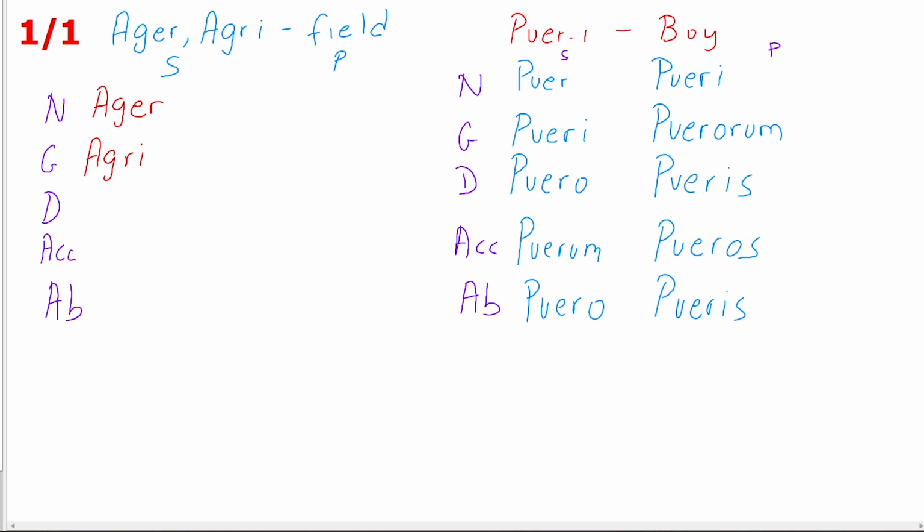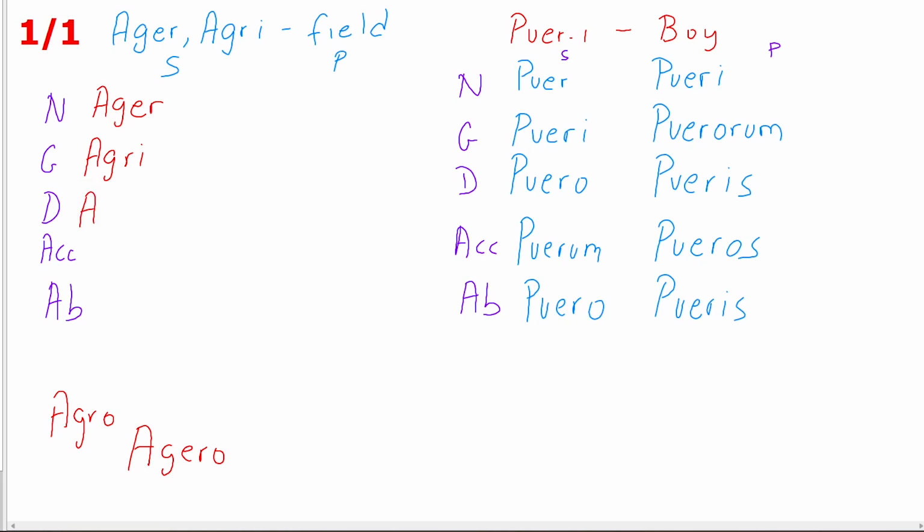What should be dative singular? Should it be agro or should it be agero? Agro. Okay, so we see that only for the nominative singular you will have the E. For the rest the E is dropped in this type.